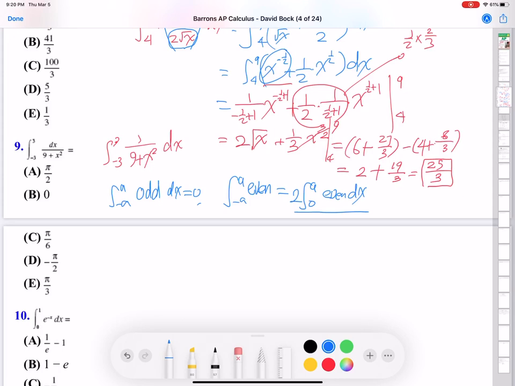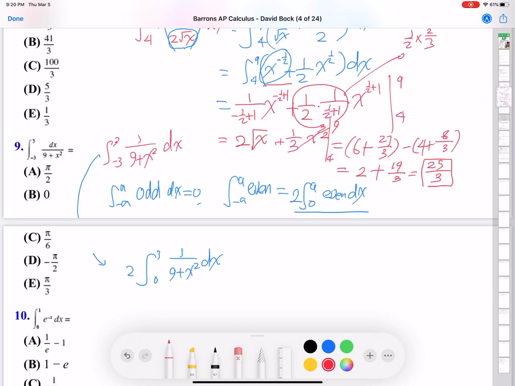So just 2 times one side area. That will be easier. So I'm going to change this to 2 times the integral from 0 to 3, because it's the -a to a form, of 1 over 9 plus x squared dx.